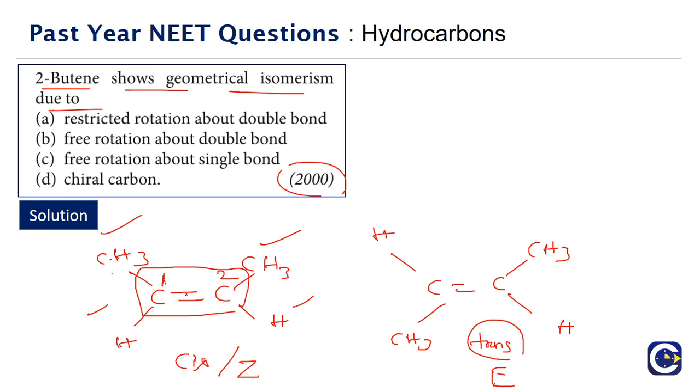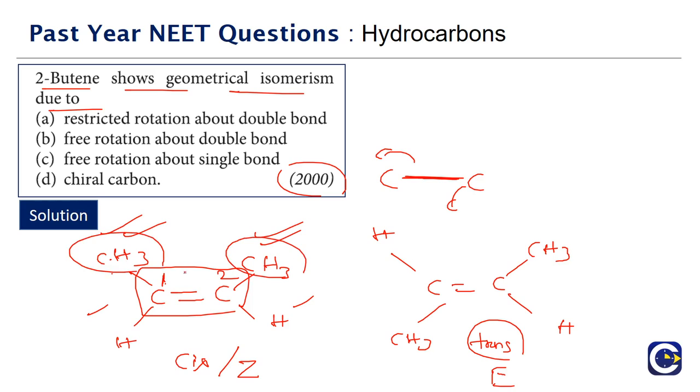Then what happens is, if you have a normal single bond, the carbon atoms can be rotated with respect to the single bond. In alkanes, where we have single bonds, we have conformational isomers because of this rotation possibility. But if it is a double bond, free rotation does not happen. The rotation is restricted. Because of the restricted rotation about the double bond, one possibility is, for carbon 1 the bulkier group is methyl, and for carbon 2 the bulkier group is methyl.